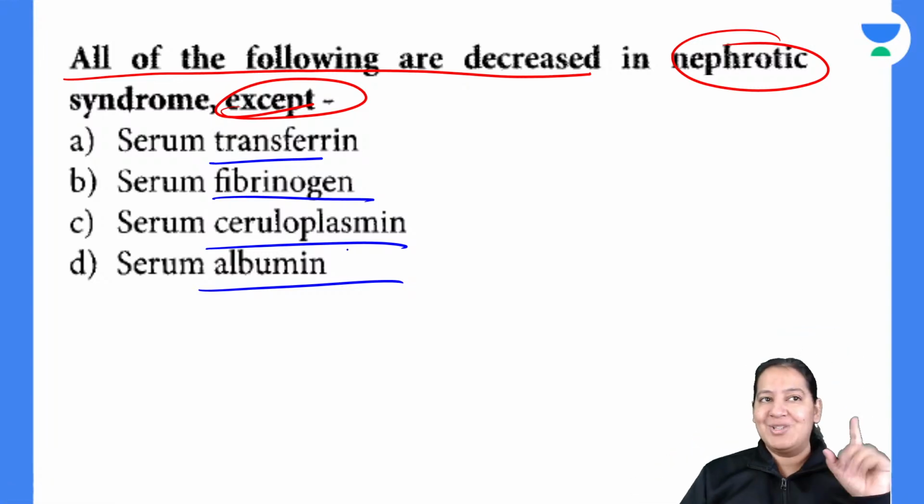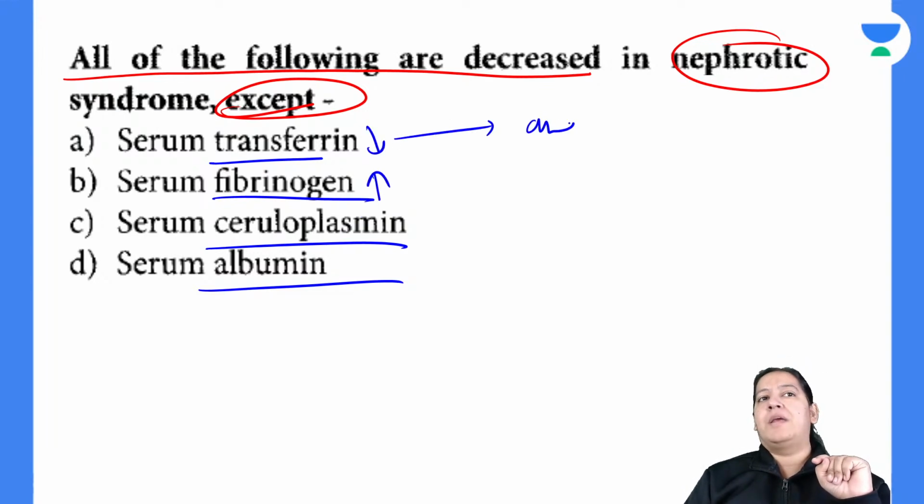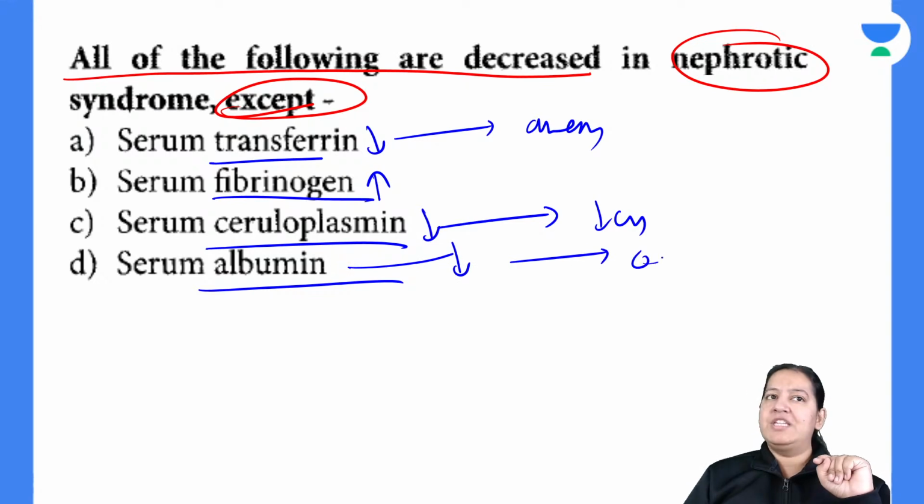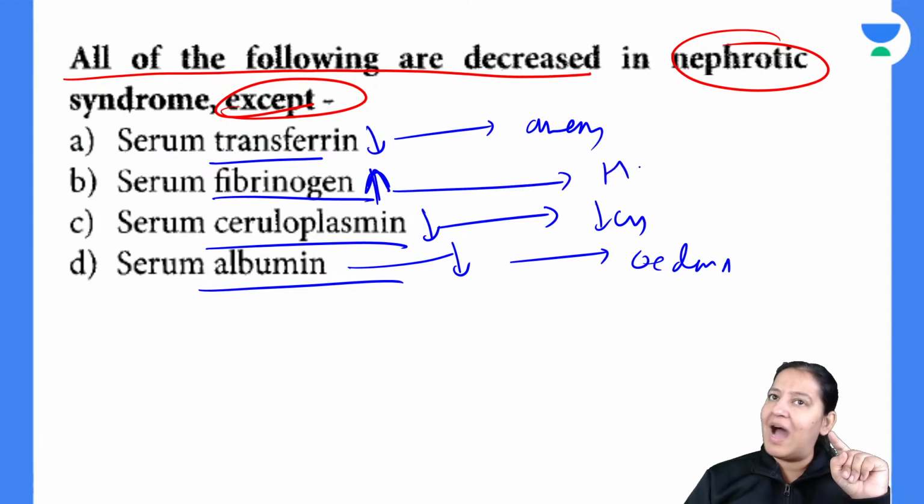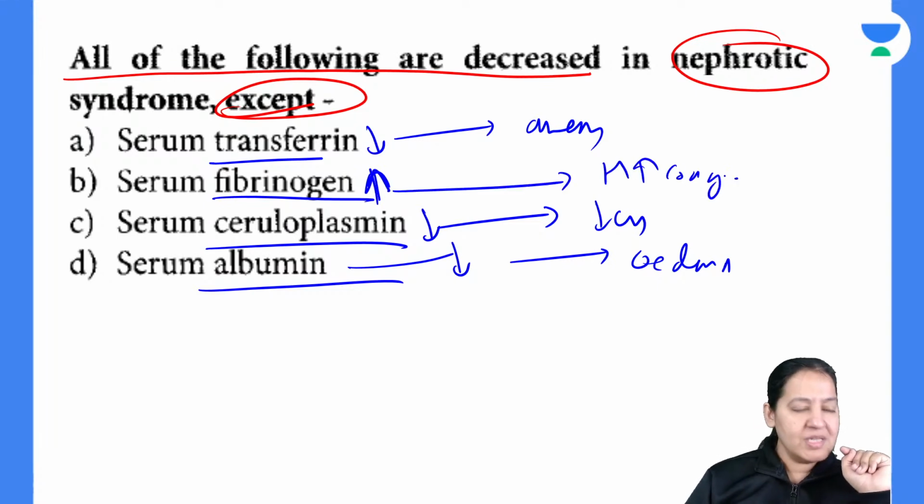Yes, it is fibrinogen which is increased. Transferrin is decreased; it results in anemia. Ceruloplasmin is decreased; it results in decreased copper. Albumin is decreased; it results in edema. But fibrinogen is increased in blood, which results in hypercoagulation. No, sweetie, it is not D, it is B.